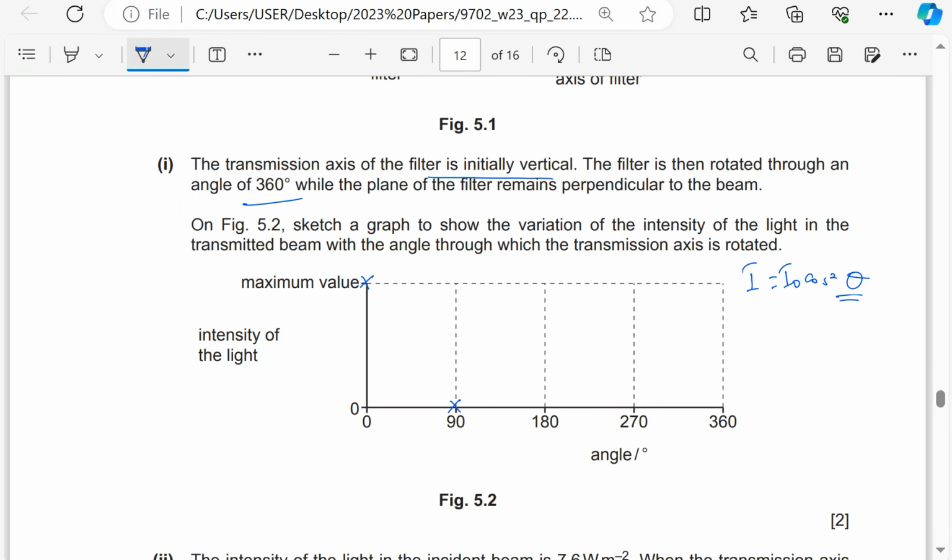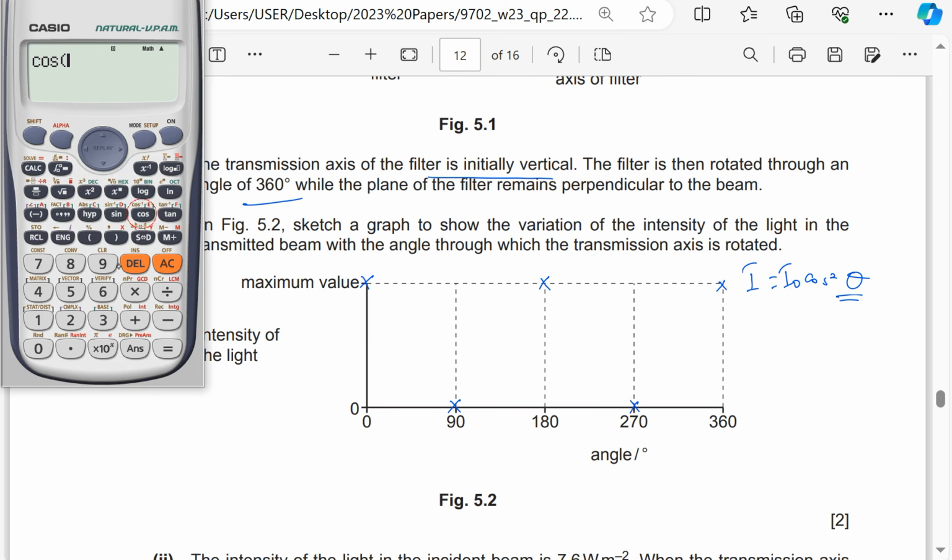If theta is 180, cos of 180 is negative 1, but remember it is squared, so it becomes maximum. If theta is 270, that is automatically 0. If theta is 360, cos of 360 is 1, which squared is 1. So we have those points.